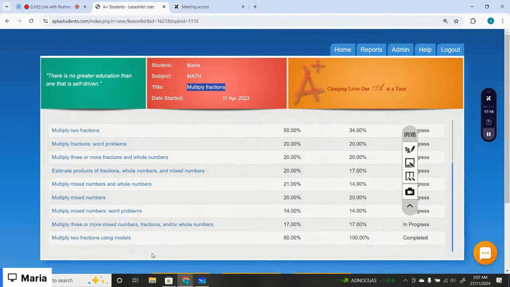Okay, so here I'm on grade 6 math. The chapter we are on right now is multiply fractions. Let's just start with the lesson that is multiply mixed numbers.